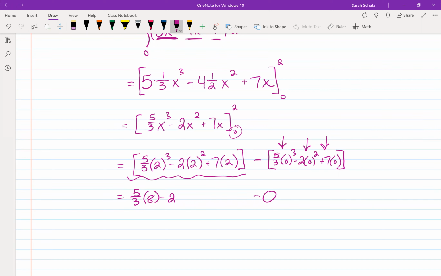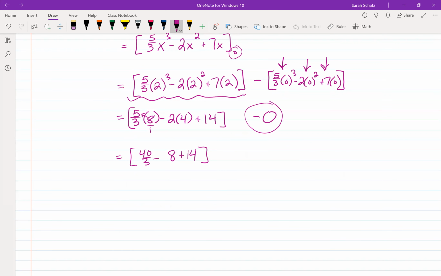Here we have 2 times 4, and then we'll have plus 14. We don't necessarily need the brackets anymore, but it's a habit. So you guys, this is 8 over 1, right? So 8 times 5 is 40 over 3 minus 8 plus 14. And then we have that minus 0, so I'm just going to leave that part off.